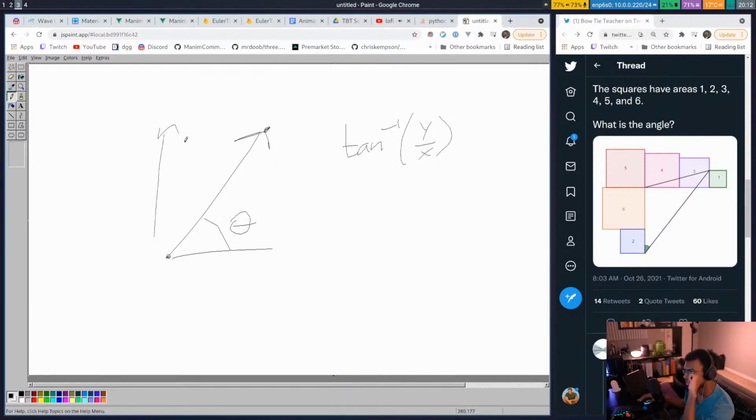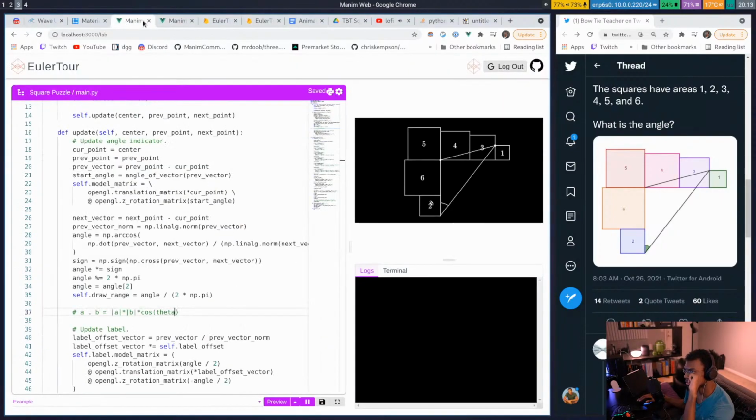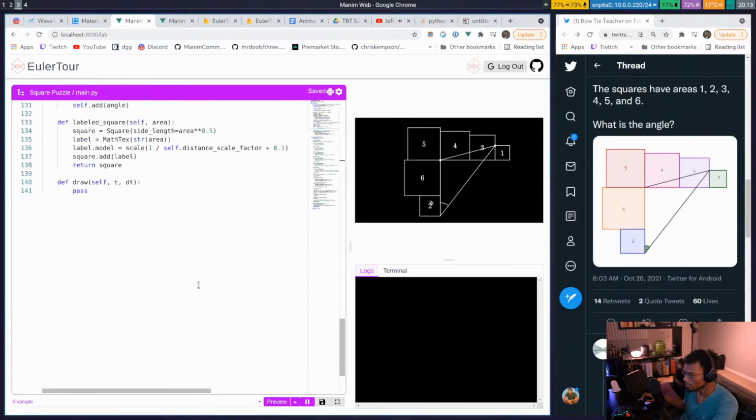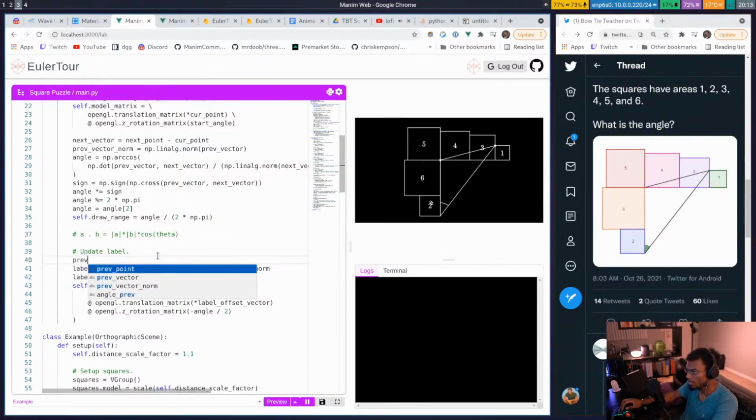And like this will be y, this will be x. So prev vector angle.